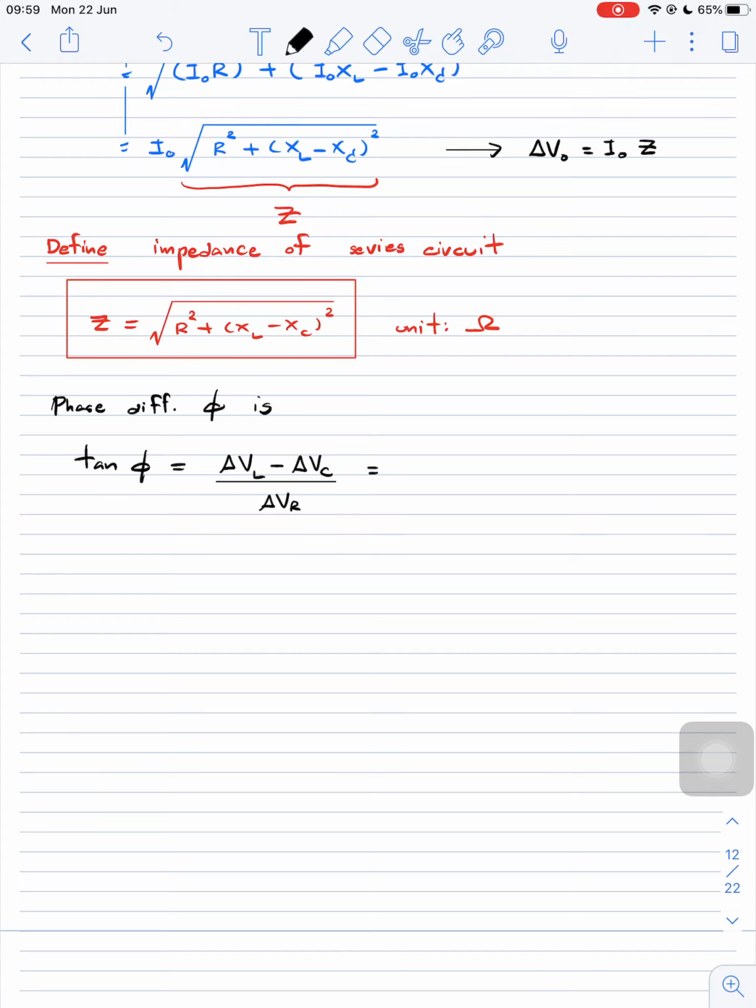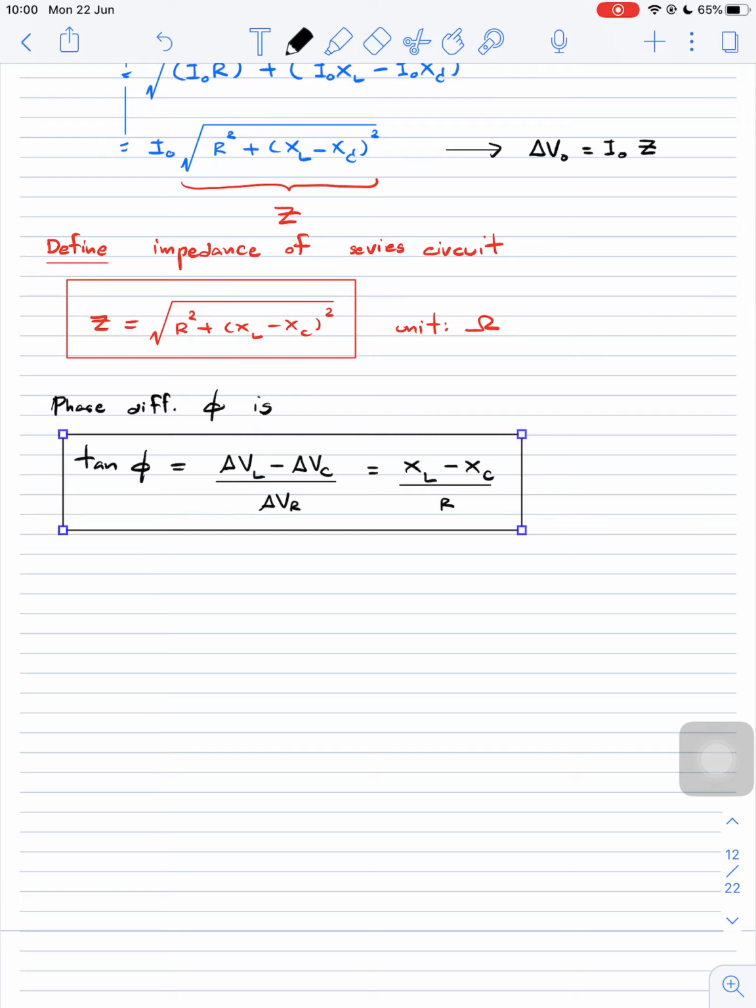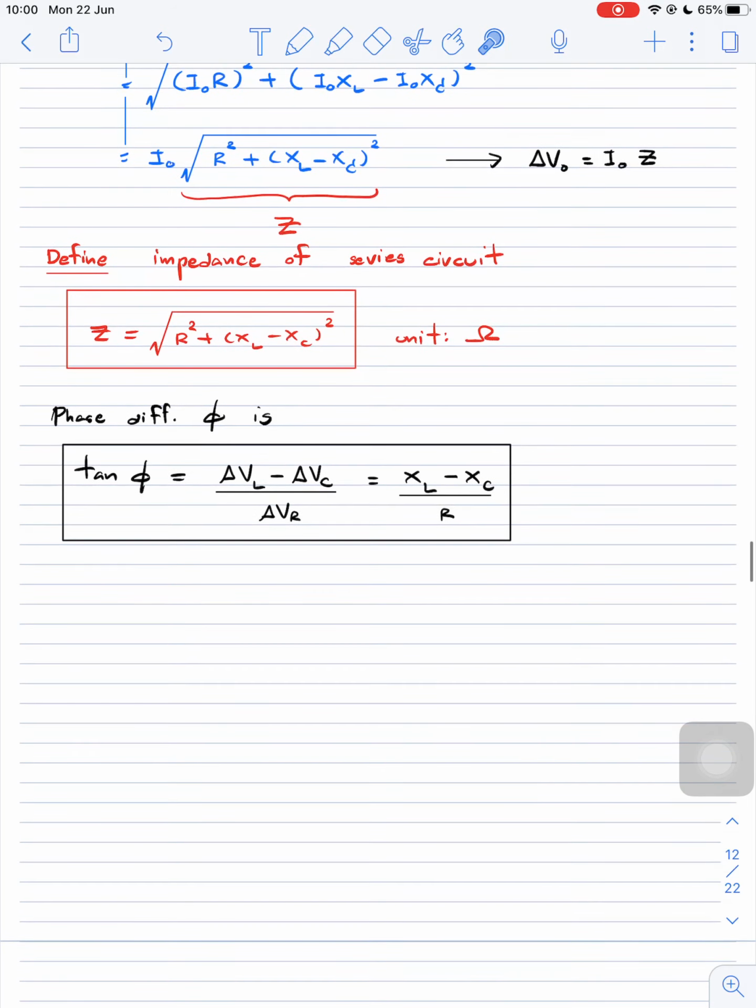So finally we have XL minus XC, over R, and that's it. So we can get the tan phi from this equation, and then finally we can solve for the phi here.